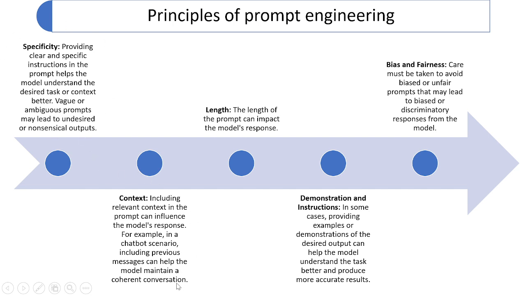Second, we'll discuss context. Including relevant context in the prompts can influence the model's response. For example, in a chatbot scenario, including the previous messages can help the model maintain a coherent response. So we have to provide the relevant context. Let's discuss any chatbot application.